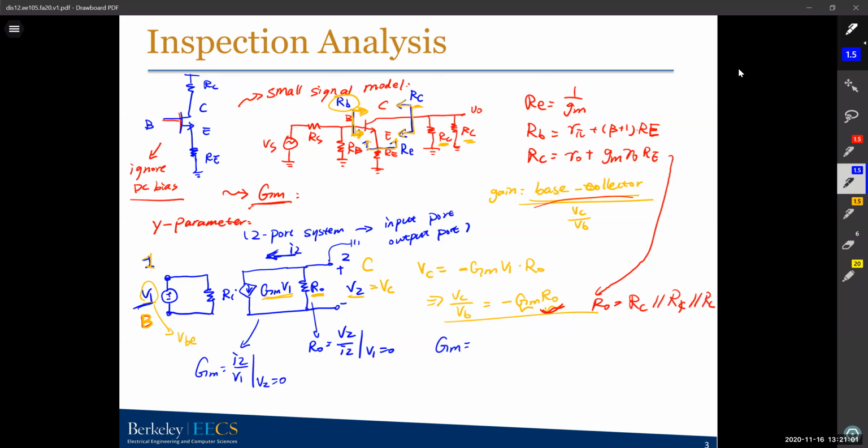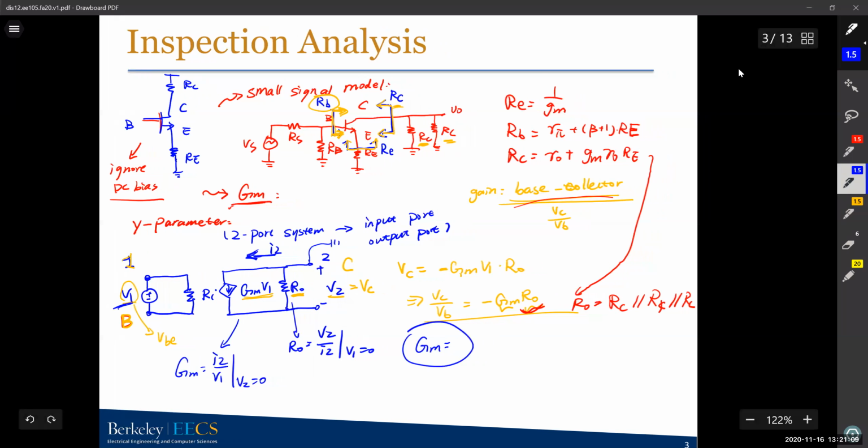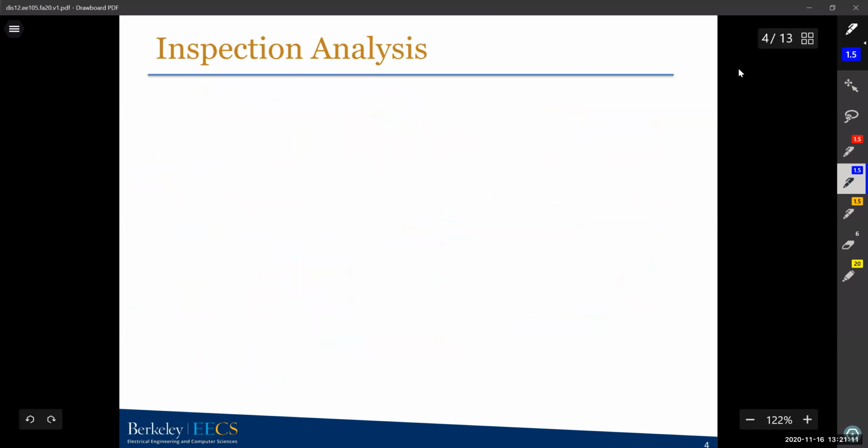But for GM, basically the derivation is also shown in professor's lectures. You don't need to derive it by yourself, but I would suggest you to remember it. So the GM for different circuits, you may want to know it.